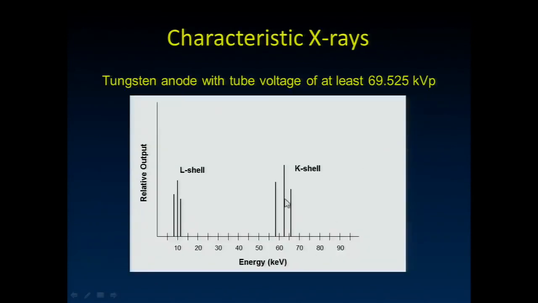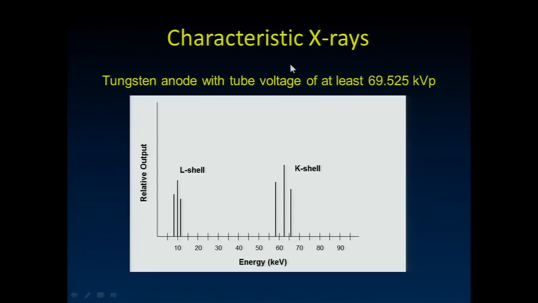So we're going to get those bands, those peaks. And here it is for K shell. So these are the transitions from L to K, M to K. We also have some low energy ones down at the L shell, right? And here's where an L shell gets kicked out and gets replaced by an M shell or a shell further out. So those are the characteristic X-rays of tungsten.